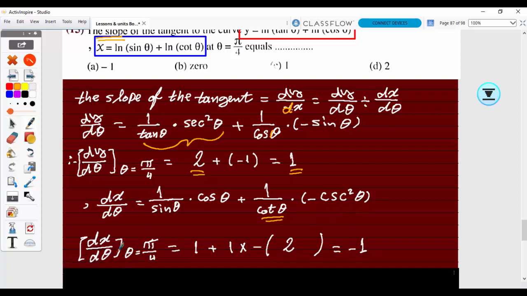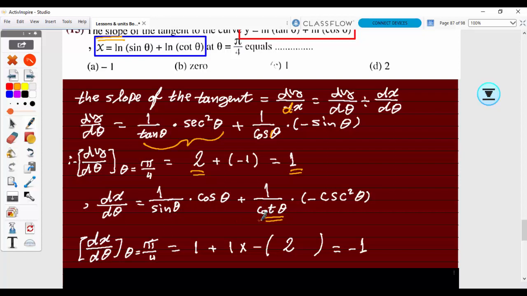So dy/dθ when θ equals π/4. Don't forget π/4 is 45 degrees. You will substitute here θ equals 45, so cos 45 over sin 45 equals 1, because cos 45 equals sin 45, plus 1 over cot θ.